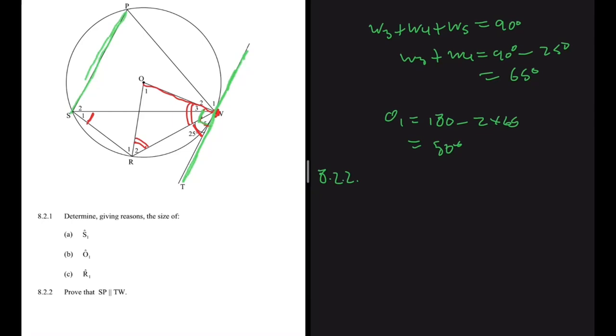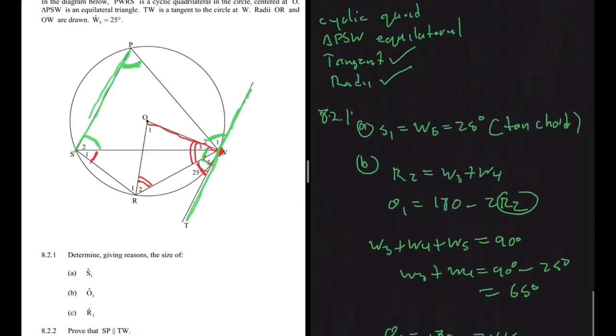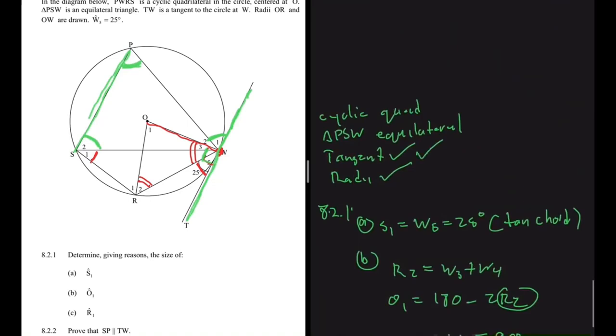So if these two lines are parallel, then this angle here, W1, should be equal to this angle P here. But then at the same time, W1 should be equal to S2. Why are we saying that? To our keyword again, tangent. We're using the tan chord theorem, right?